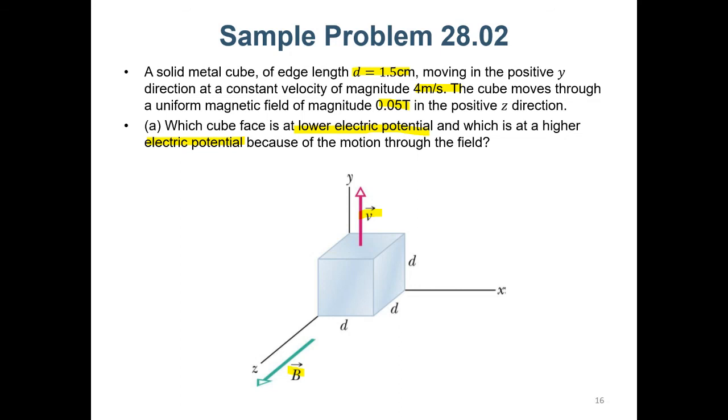Actually, because V is moving upward and constant, and the B field is onto this side, even though there is no current going in it, you can imagine that if you have a cube moving like this, then there are some free electrons, which can be easily pushed by the Lorentz force.